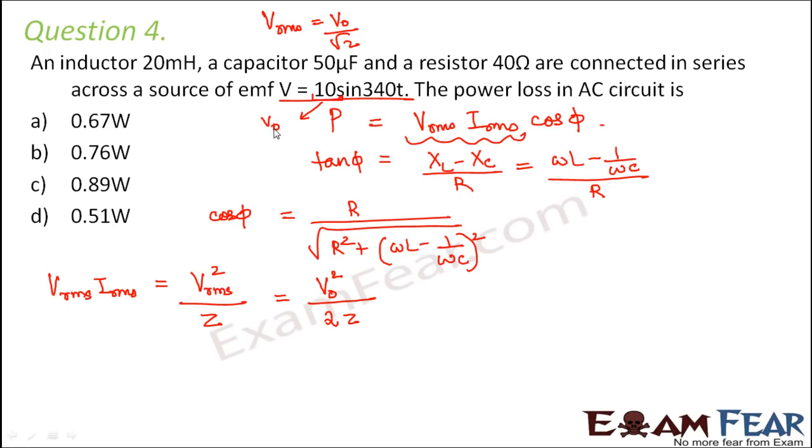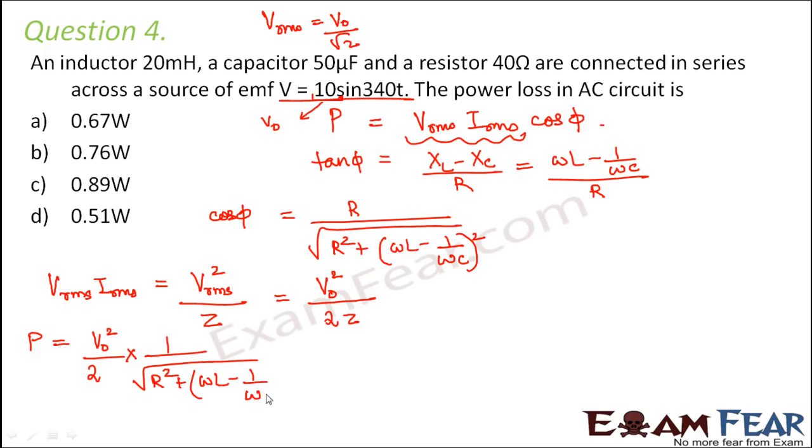Okay, so now let's calculate the power. So this will be equal to, instead of VRMS, IRMS, we will write V naught square divided by 2 into 1 by Z. So instead of Z, we can write root over R square plus omega L minus 1 by omega C whole square.